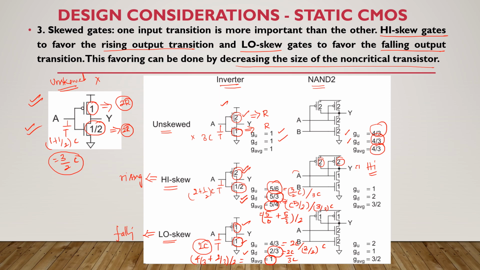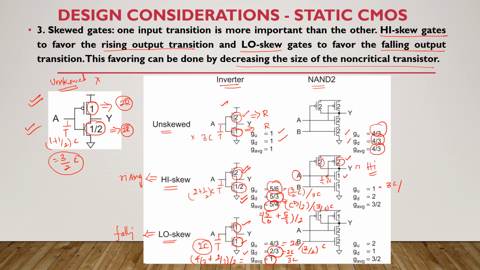Okay. Suppose I am considering the input A, which is connected to both PMOS and NMOS. So totally 3 capacitance will be available at this point, because this is contributing 2 capacitance and this is contributing 1 capacitance. So you know the formula: 3 capacitance divided by the inverter.